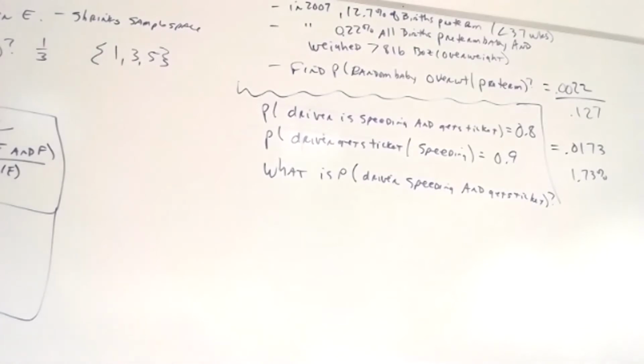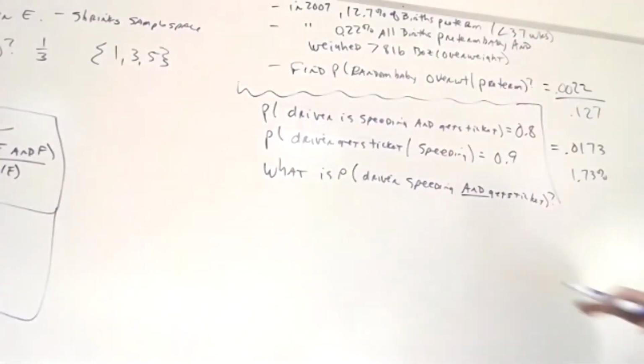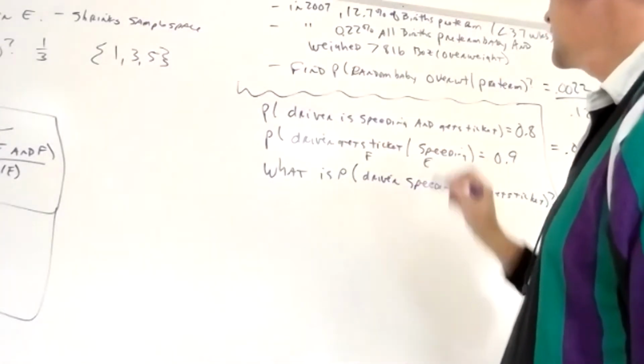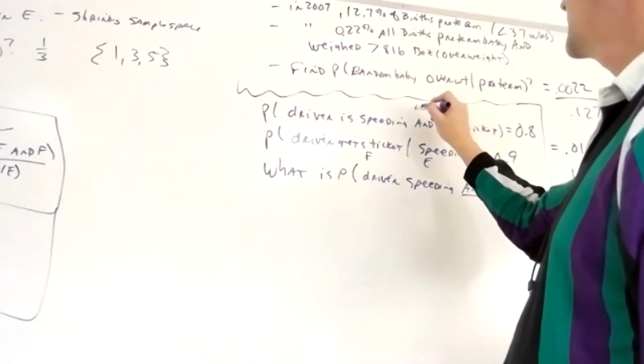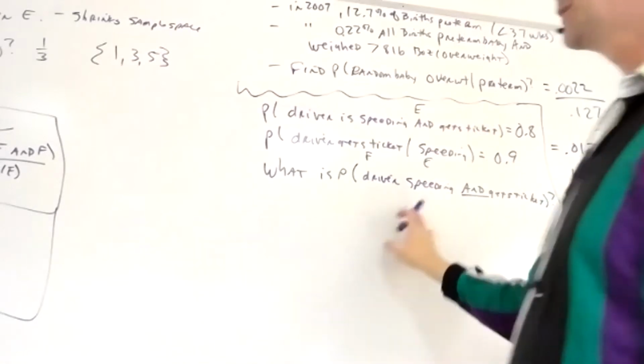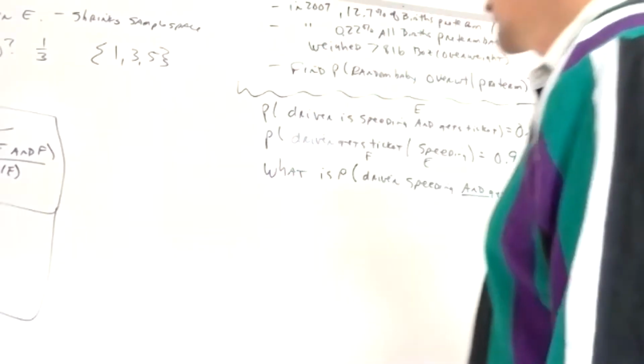So, what do you guys think? All we're going to do is plug it in here. This is the and, the and is what I want. So this is the F, this is the E. You can plug it right in here.